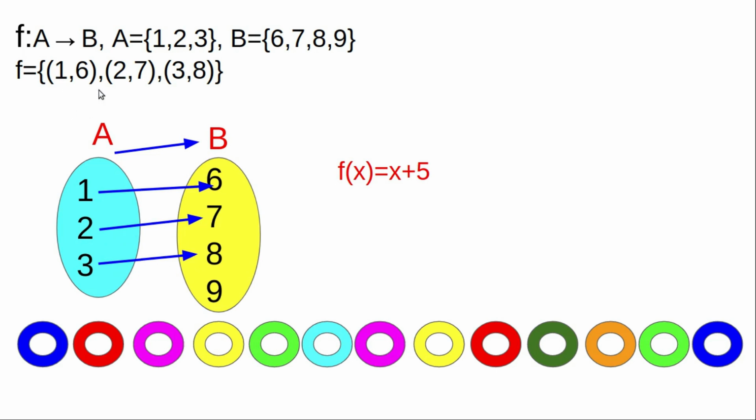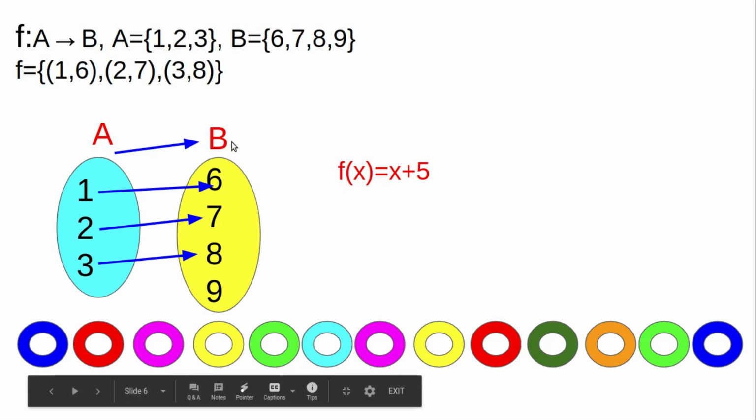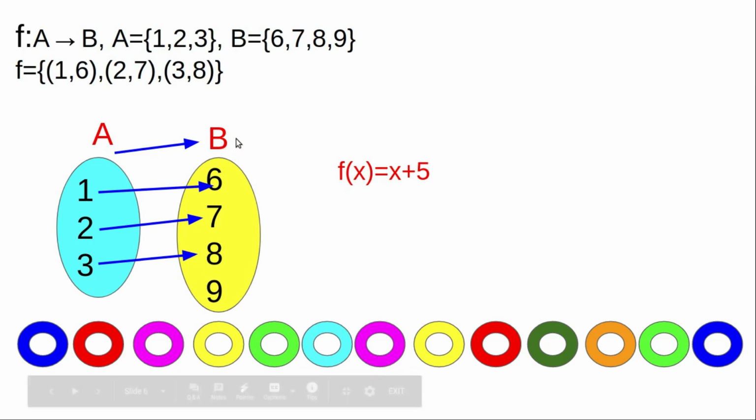The set of all x values is known as the domain of the function. Now in this case the set {1, 2, 3}, the whole set A, is the domain, and the second set, this set B, is known as the codomain of f. The range of a function is the set of all y such that (x, y) belongs to f.